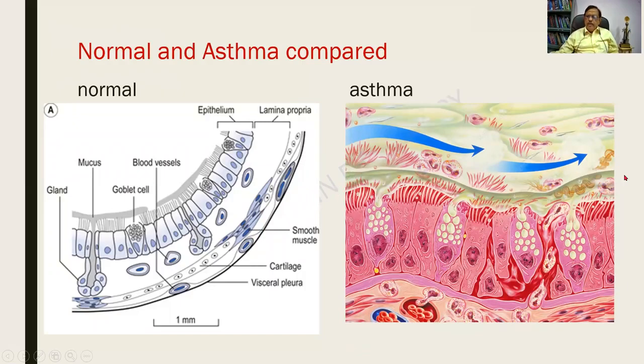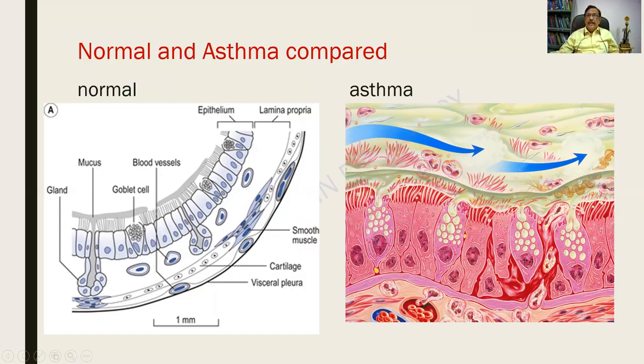So there is an abundant amount of mucus being secreted in bronchial asthma. And look at the lumen. I am finding a lot of inflammatory cells such as neutrophils and eosinophils. Mainly it can be eosinophils. And these cells become very active. The goblet cells are increased in number and active, and there is a release of the mucus. There is also the entry of the inflammatory cells into the wall.